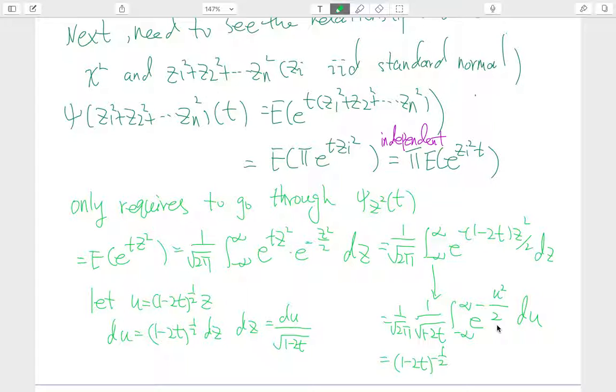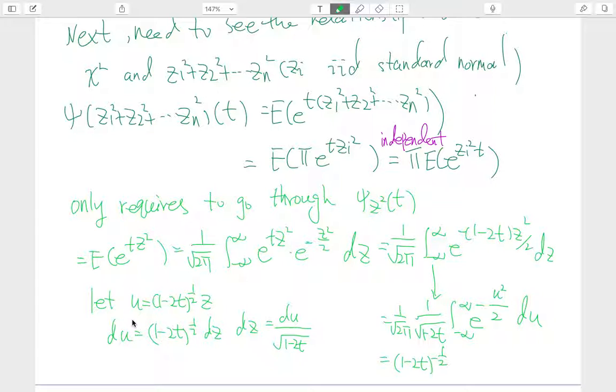And then you can take advantage of this, bear in mind, and let u equal the square root of this bit other than the minus sign. And then if you square it, it is exactly the same thing as the original integral.